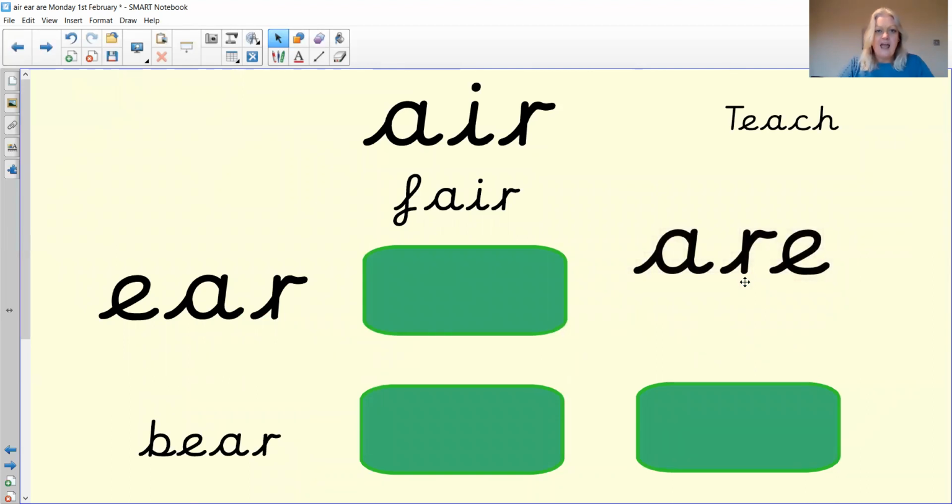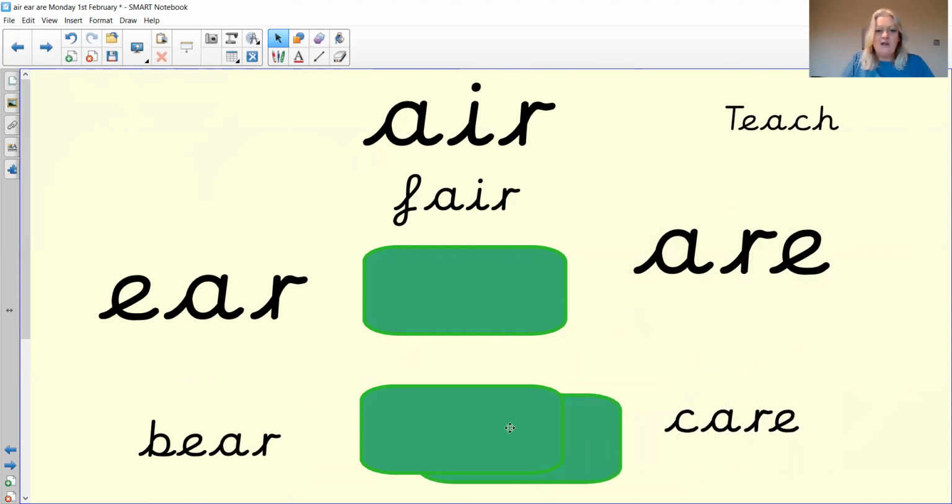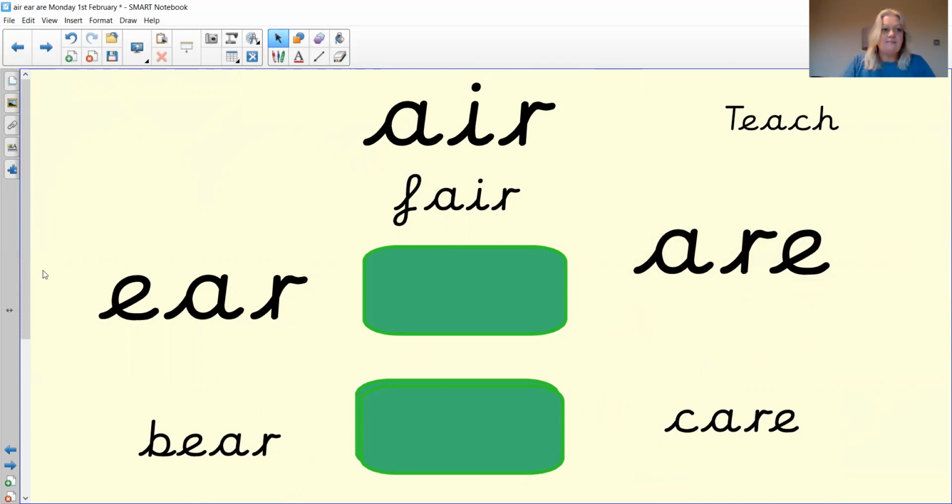Yes, it is another air. Can you think of any words with that air? Have a think. Let's have a look. Air, care. So the sound today is air, but there are three different ways of spelling our air sound. Three different ways.